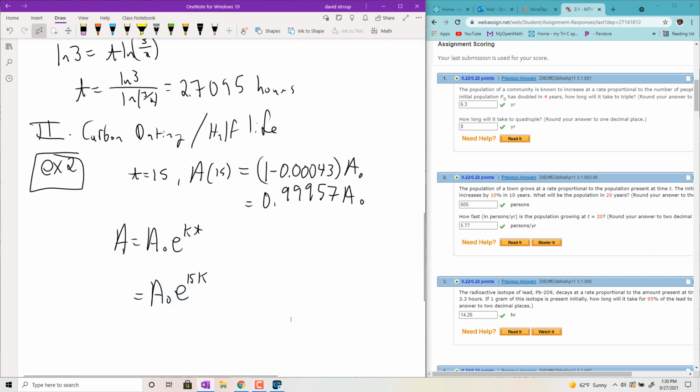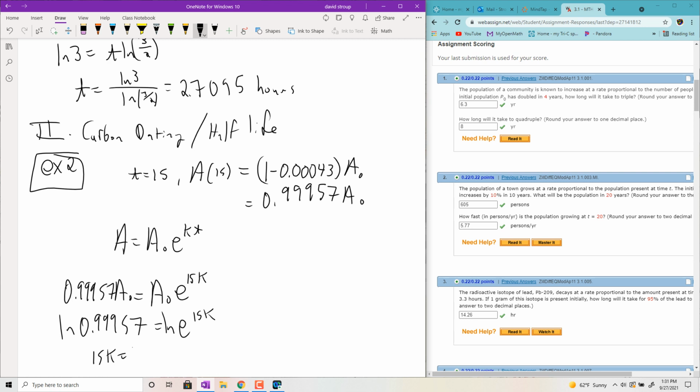So we should be able to solve this, right? In this case, 0.99957 a sub 0, divide both sides by a sub 0, 0.99957 equals e to the 15k. Take ln on both sides, and you get 15k equals ln of 0.99957.